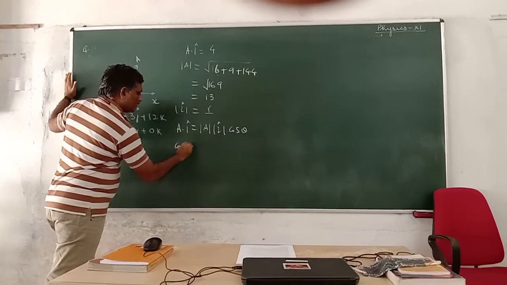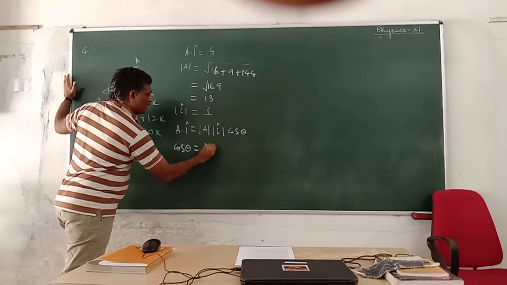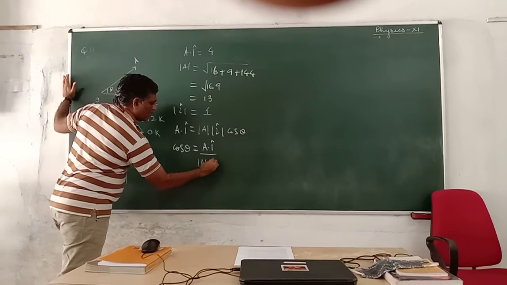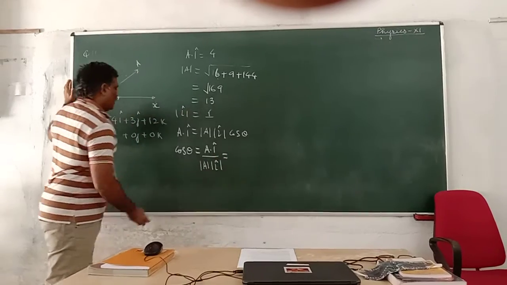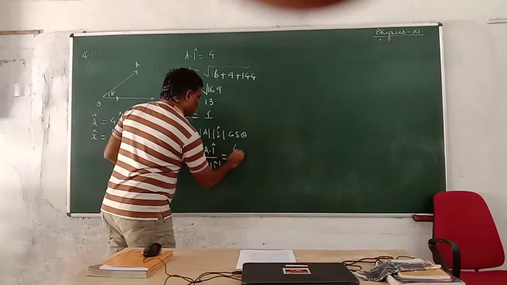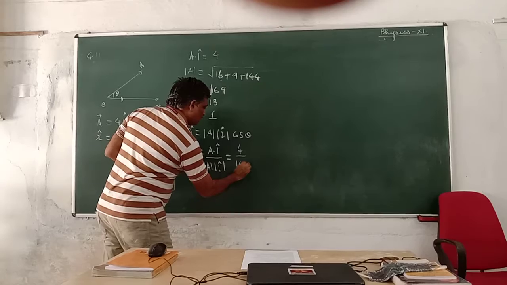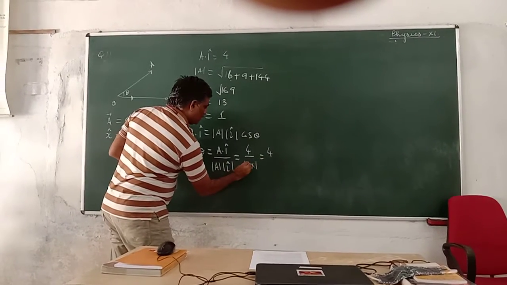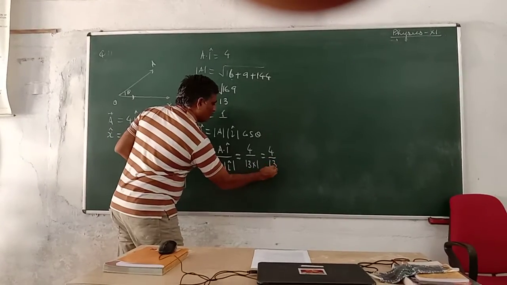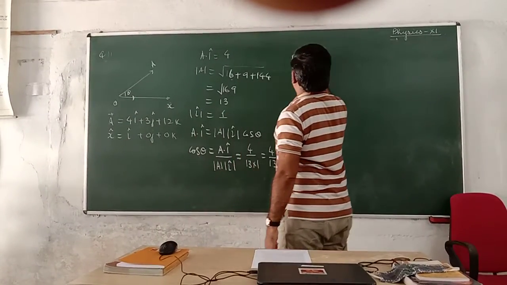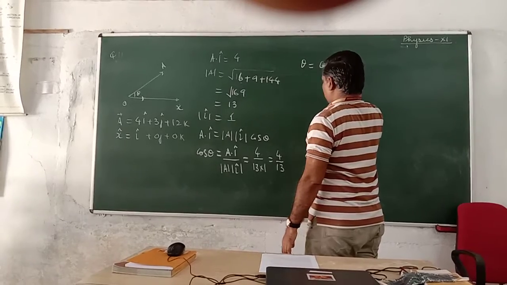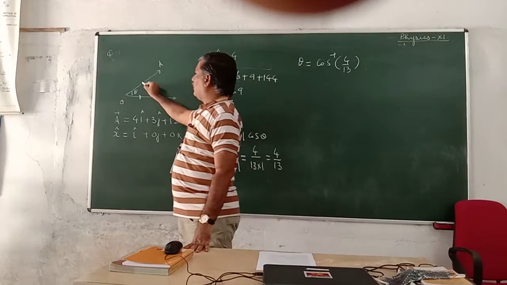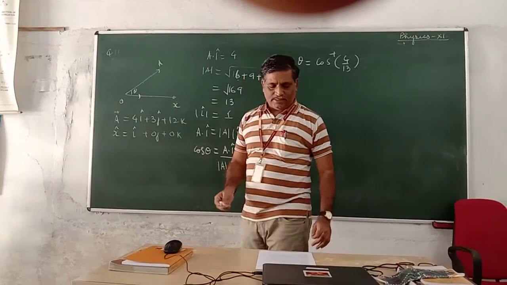Therefore, cos theta is equal to A dot i divided by magnitude of A times magnitude of i, which is 4 by 13 into 1. So theta is equal to cos inverse 4 by 13. This is the angle between A and the x-axis.